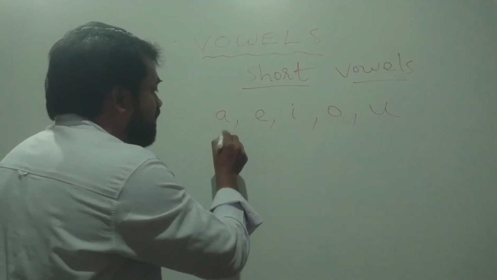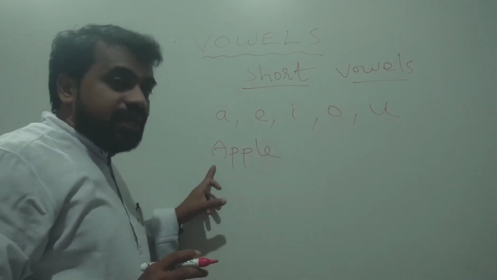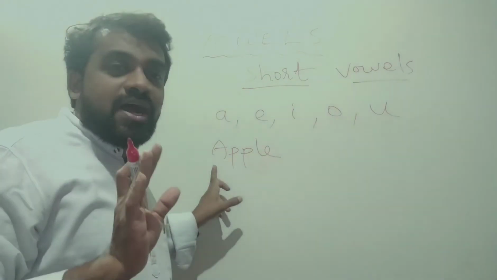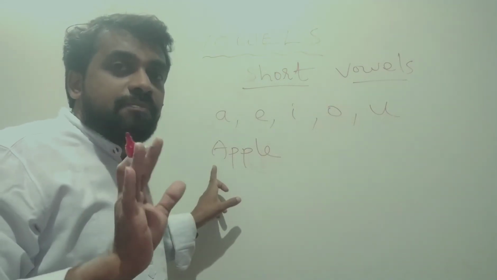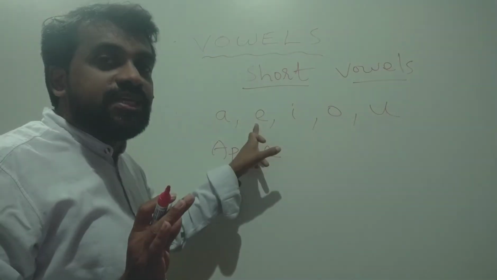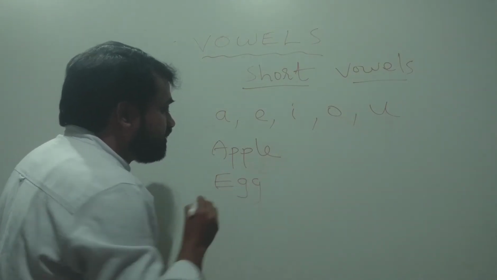For example, A as in apple. Apple, apple, apple. Next E, E like egg, egg, egg.